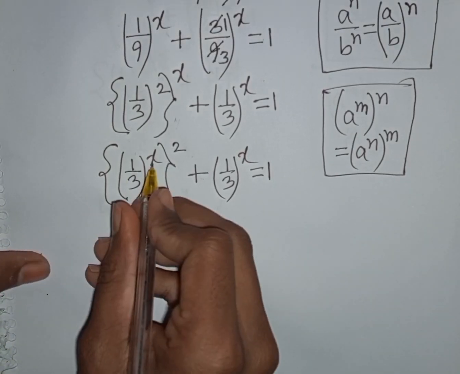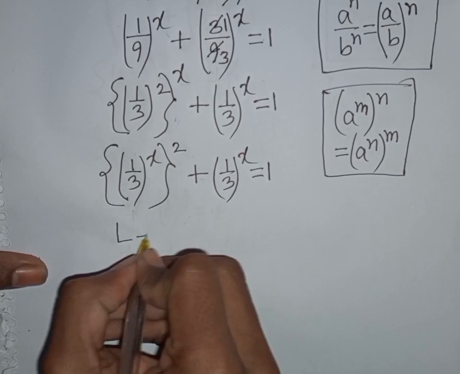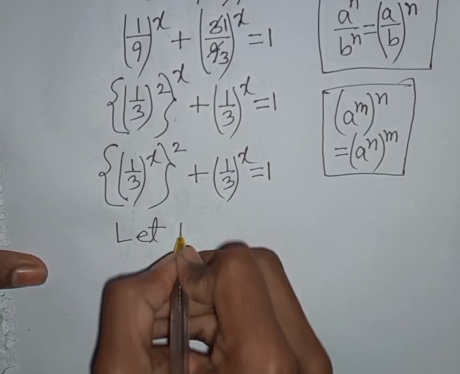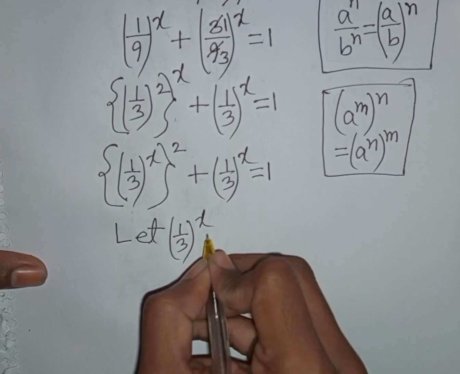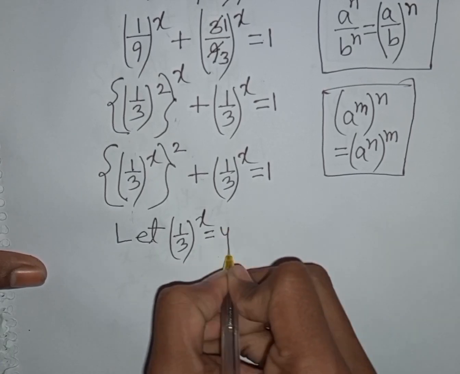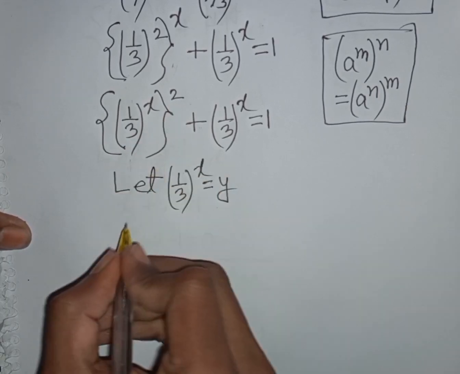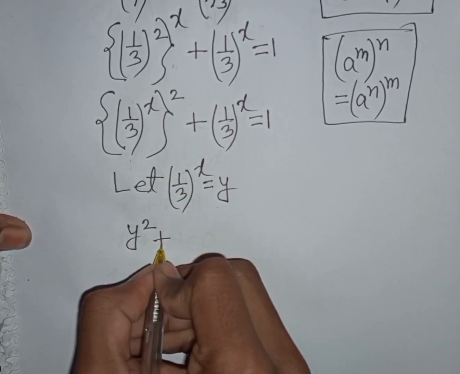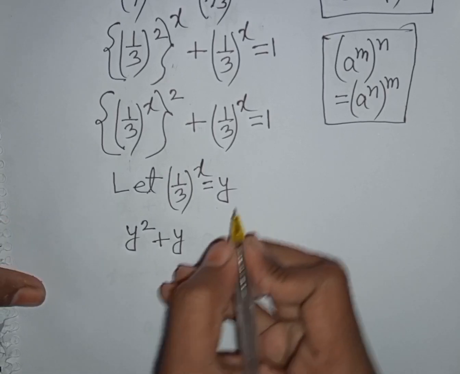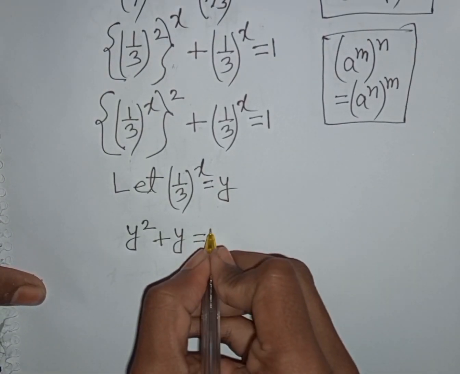Now we see both terms are the same. So let 1 by 3 bracket power x be substituted by y. So our equation will be y square plus y is equal to 1.